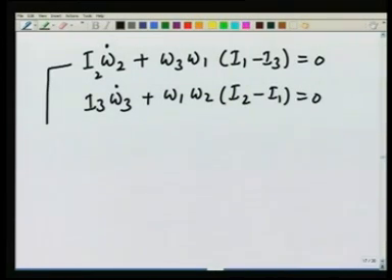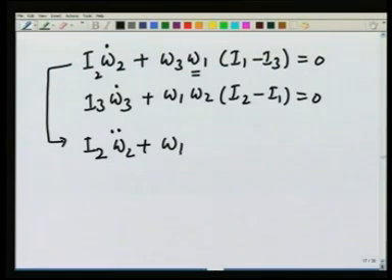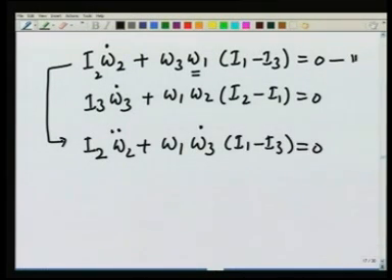Let us differentiate this once more so that we write this entire equation in terms of omega 2 alone. I would have I2 omega 2 double dot plus omega 1, which is already shown to be a constant, times omega 3 dot (I1 minus I3) is equal to 0. This is equation number 2, this is equation number 3.